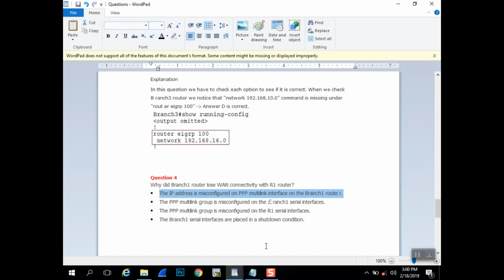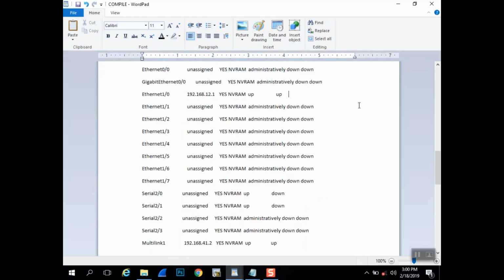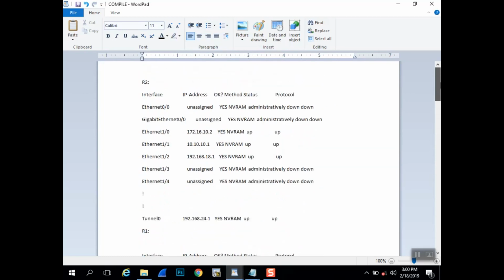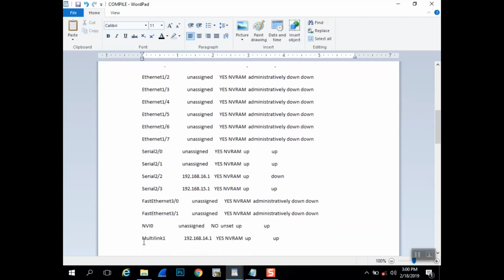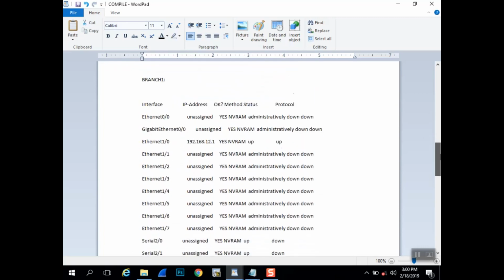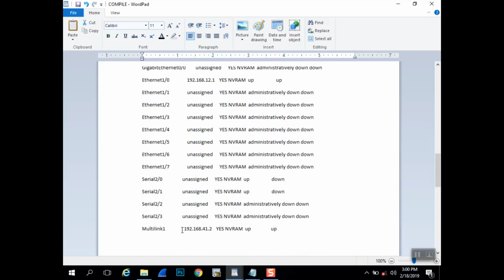Now, as you can see here, if you're gonna compare the branch 1 router and also the R1, it would lose its connectivity to R1 because as you can see here in R1, if you're gonna check, the multilink address is 14.1, and if you try to see the branch 1, it has a configuration of 41.2.